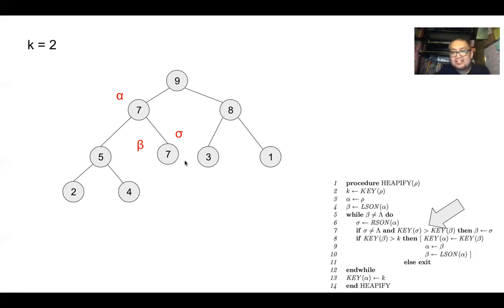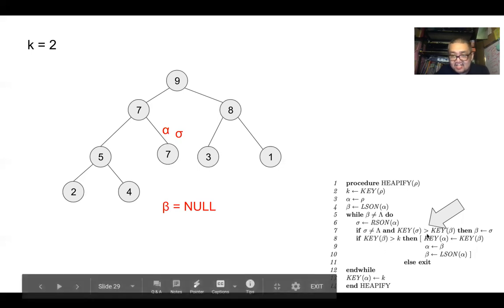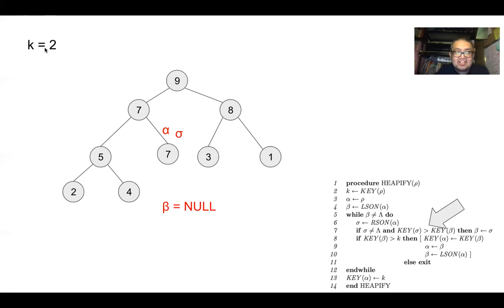And then we put alpha here, and then beta's left hand is null, and then we now terminate since beta is already null. Wherever alpha is pointing last, that is where our key K, the value 2, which is originally the root, will go. So this will now become 2, and we now have a heap.